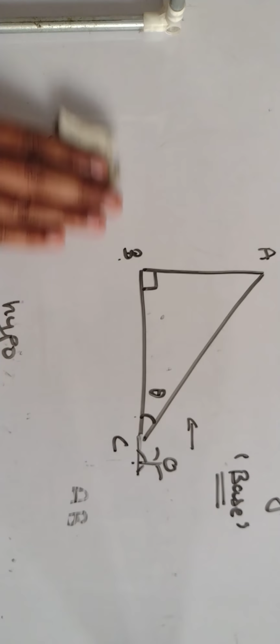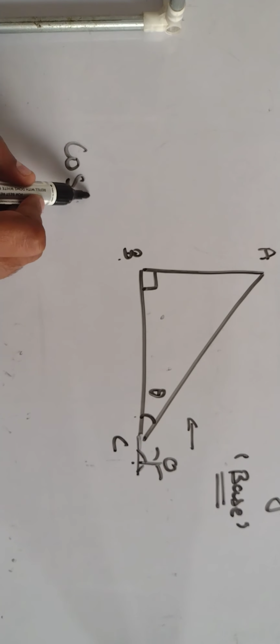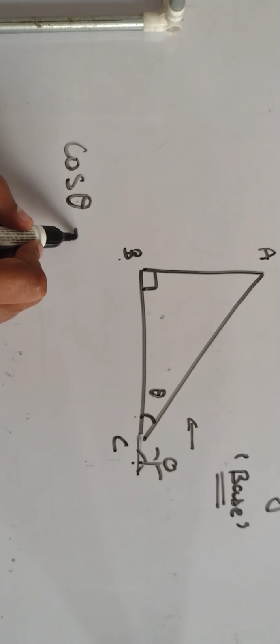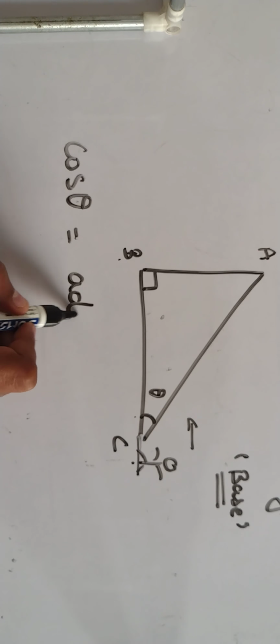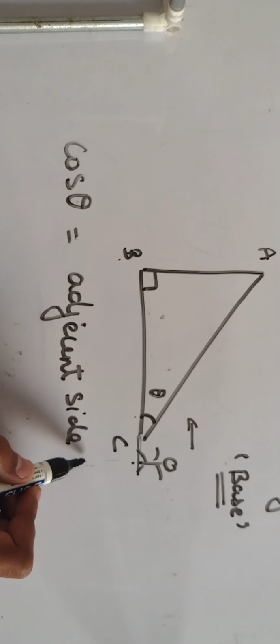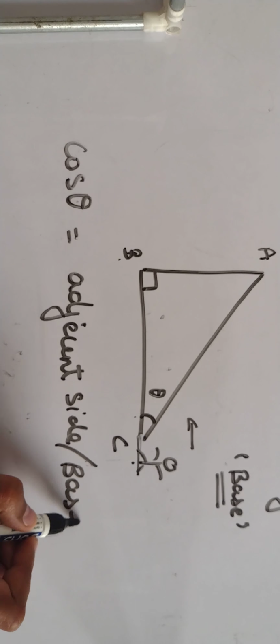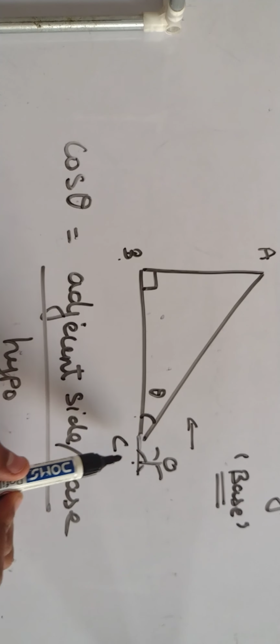Next is cosine ratio, or you can say cos theta. Cos theta is nothing but adjacent side, also known as base, whole divided by hypotenuse. So here what will be the adjacent side or what will be the base?